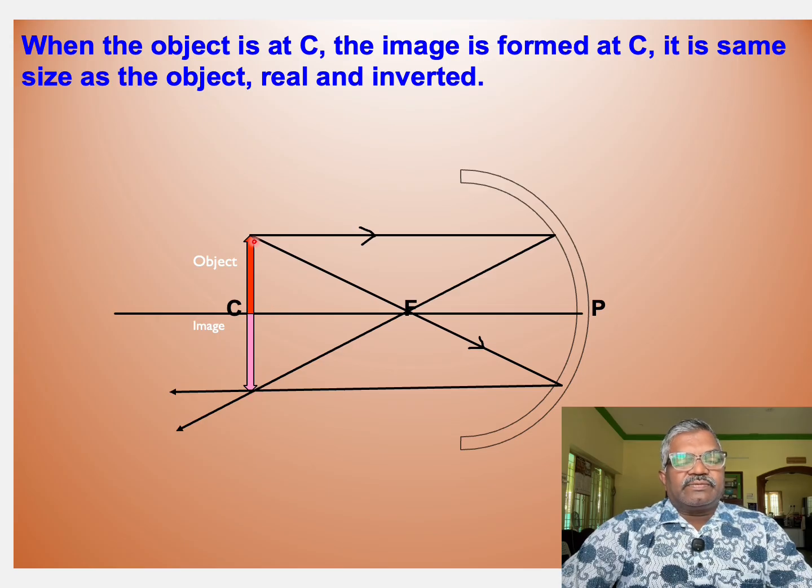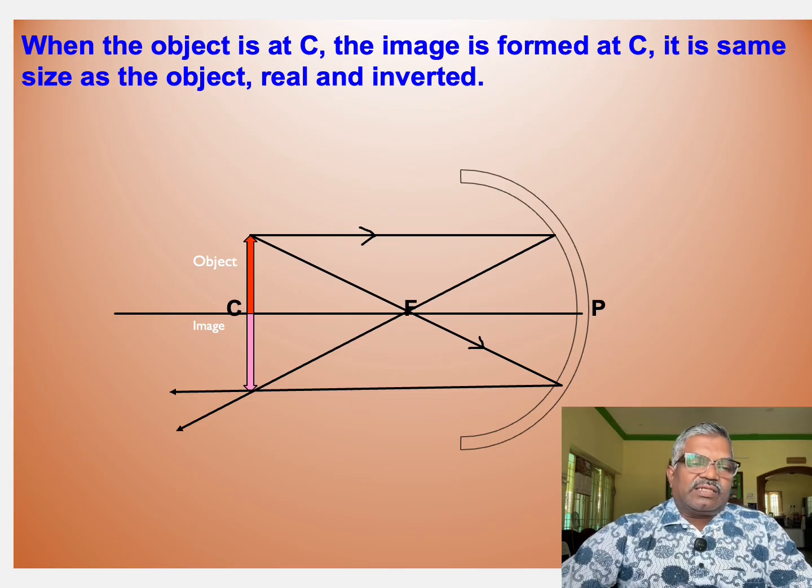The other one is just opposite: it is incident through the focus, and after reflection it is bounced back parallel to the principal axis. These two rays after reflection will meet at one point in front of the mirror. At that point you can draw the image. The image is formed on the same side of the object, so it is a real and inverted image.